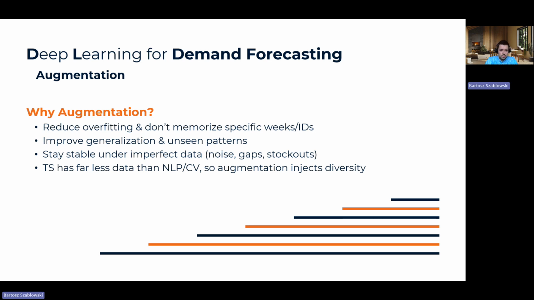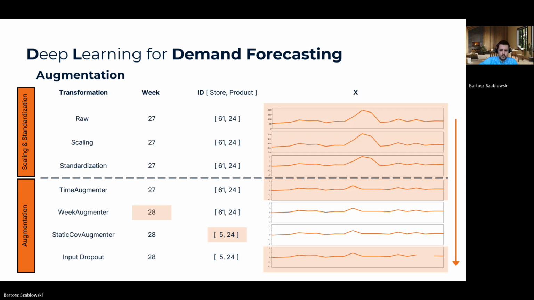So without augmentation, the model can very easily memorize specific weeks, specific IDs, or very specific cases. Thanks to the augmentation, the model can better generalize and better deal with future or even imperfect data.